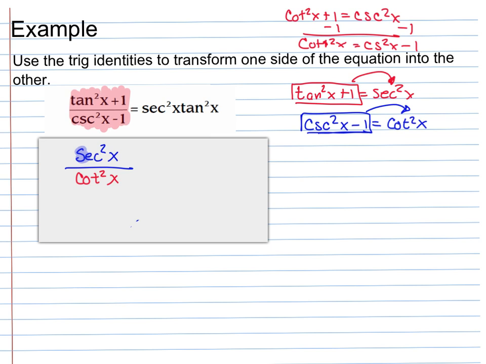And now I just need to manipulate it a little bit more, and I could separate it. I want you to notice that I already have a secant here, so I don't want to change that.